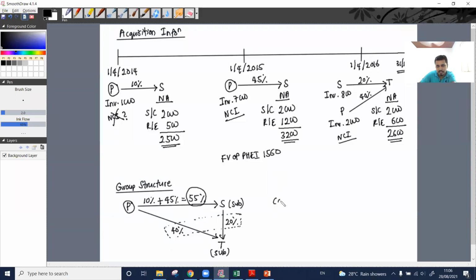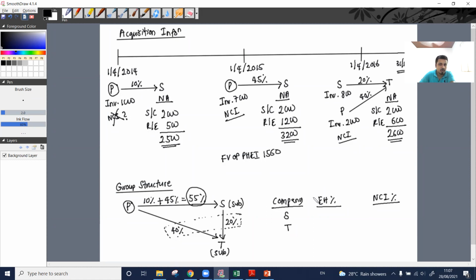Then what? For P Limited, there are two subsidiaries. One is company S and the other is company T. For these two subsidiaries, what do we need to determine? The effective holding percentage and NCI percentage.